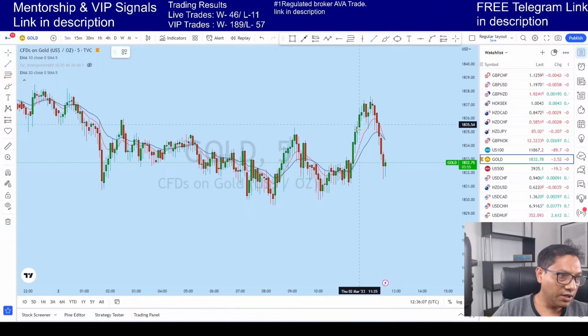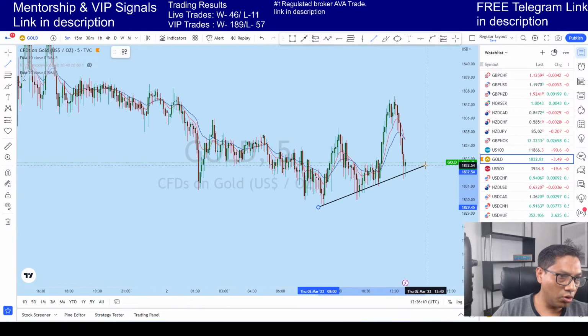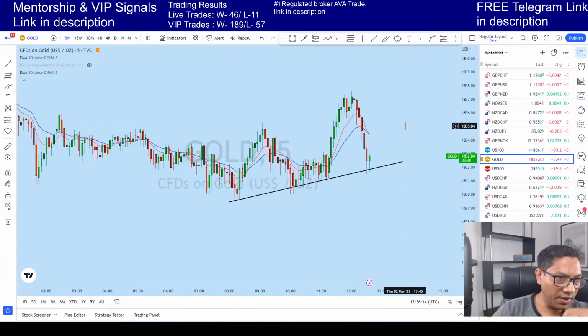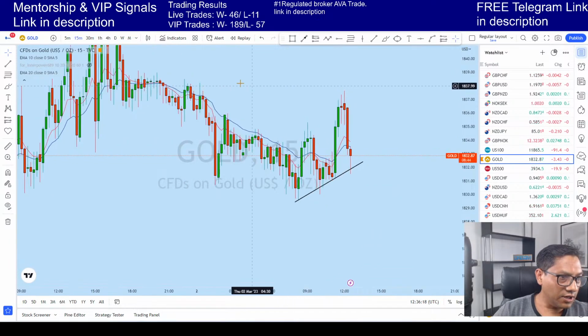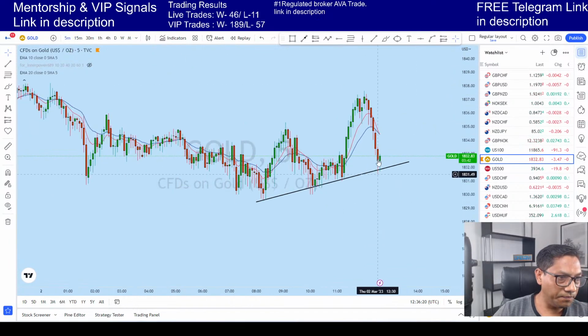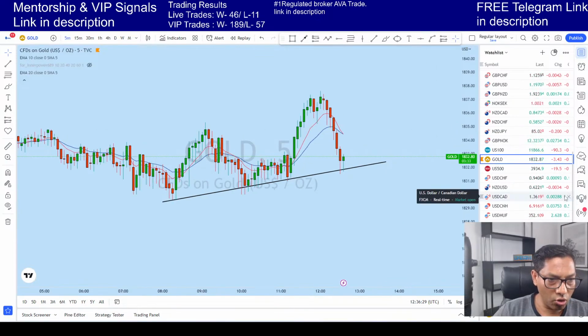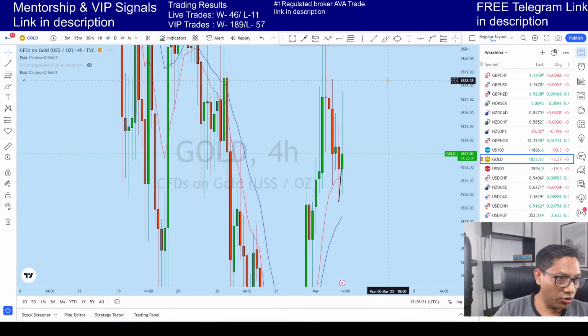As you can see, this is the 5-minute chart on gold, and the price is respecting this support zone, and I think there will be a bounce. We just started, let's see how it goes. If we see any kind of reversal here, let's say a double bottom or an inverted head and shoulders, we might think of going long on gold, for the short term at least.